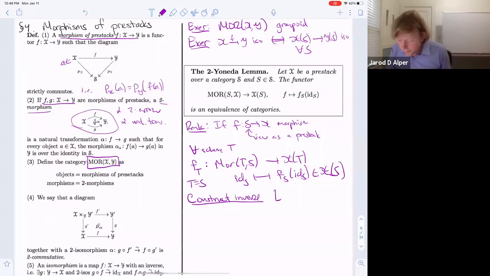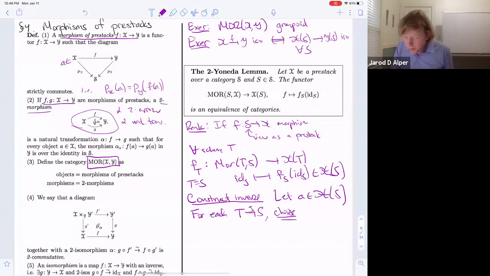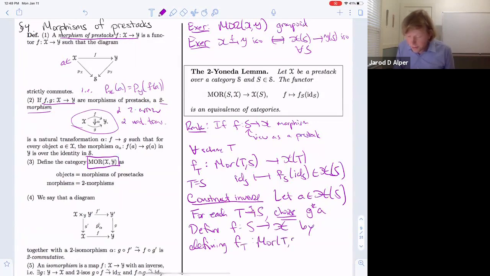Let's just suppose we have an object A in X over S. And so what we do is for each, say, map from T to S, say G, make a choice of a pullback, G pullback A. And then we define F from S to X by defining F_T from morphisms from T to S to X of T. And here we send a morphism G to the chosen pullback of A.